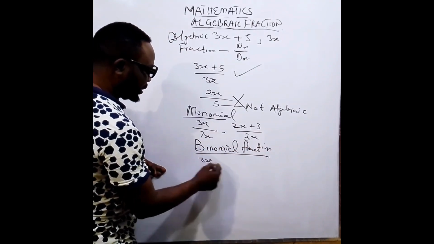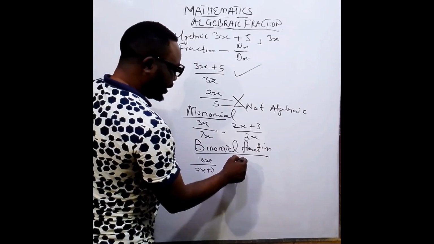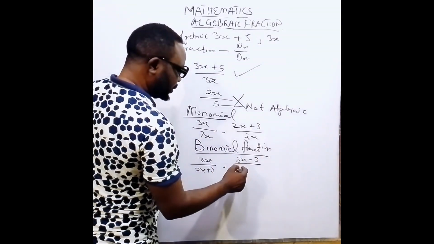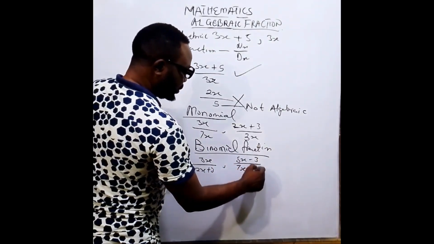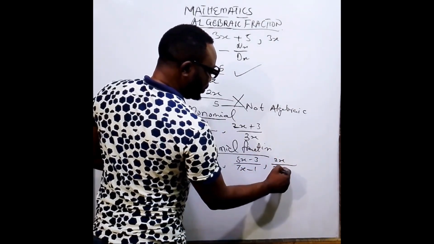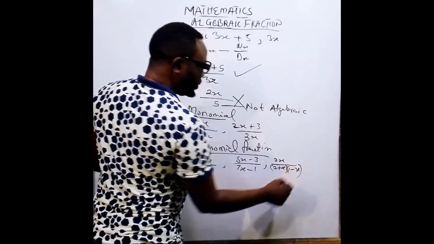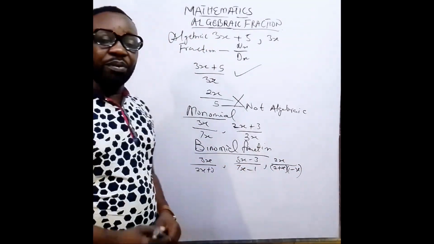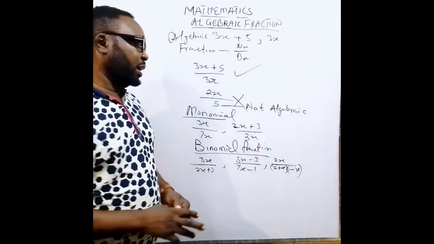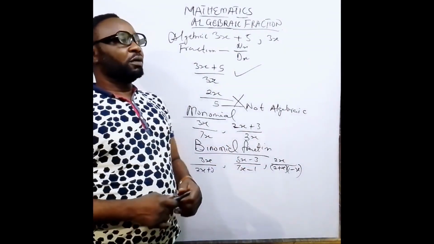You have 3x over 2x plus 3. You can have 5x minus 3 over 7x minus 1. You can have something like 2x over 2 plus x, or 1 minus x. All these examples that we just stated here are very good examples of binomial fraction.